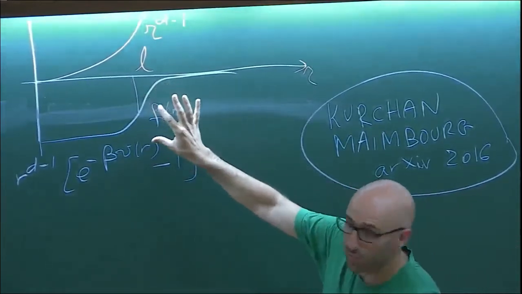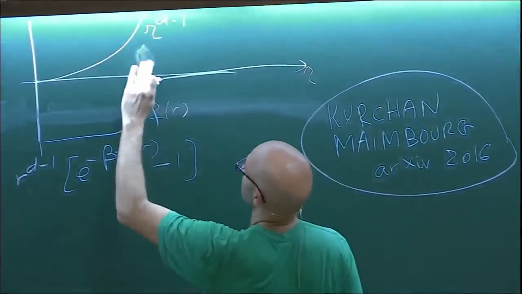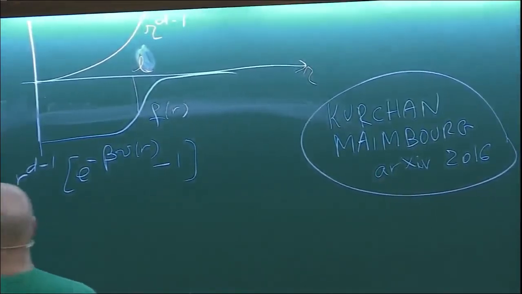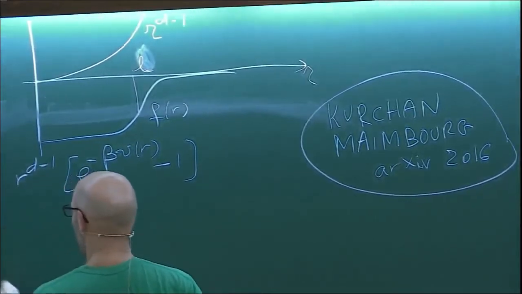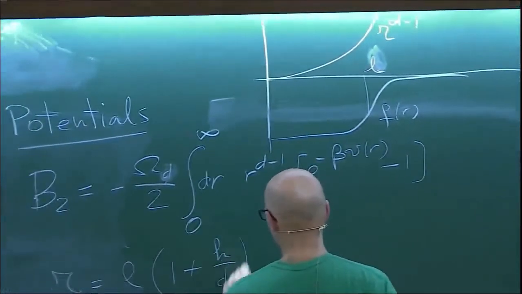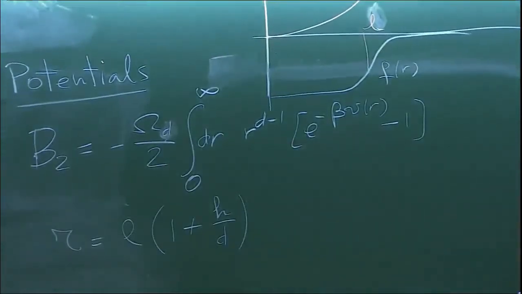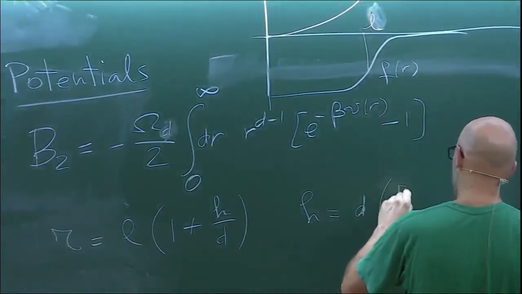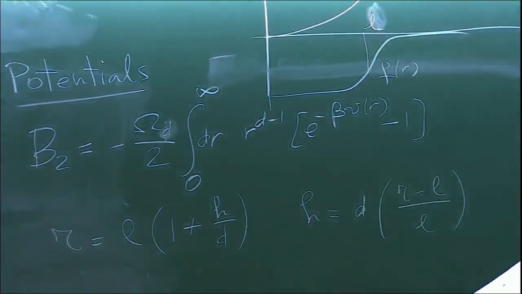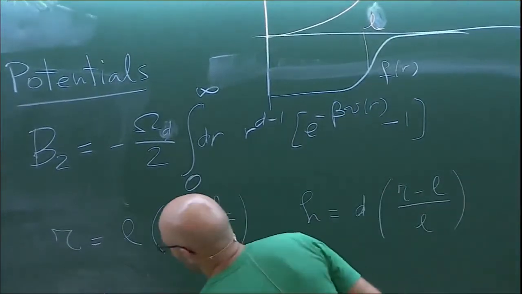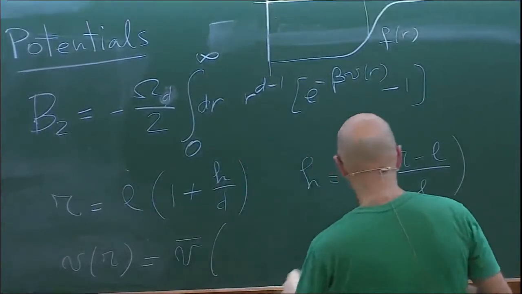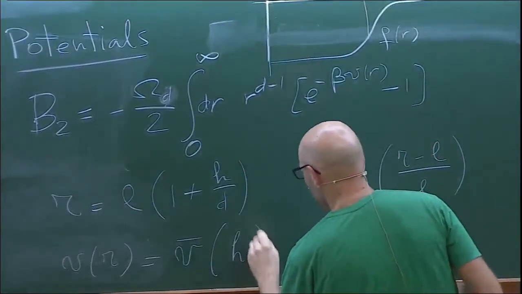So I want the integral to be dominated by what happens around this scale. So I will try to make it such that r is L, which is a constant, times 1 plus h over d, where h is a variable. So I will change variable: h is going to be d times r minus L over L. And I will assume that the potential V of r has the form of some function V bar of this variable h.